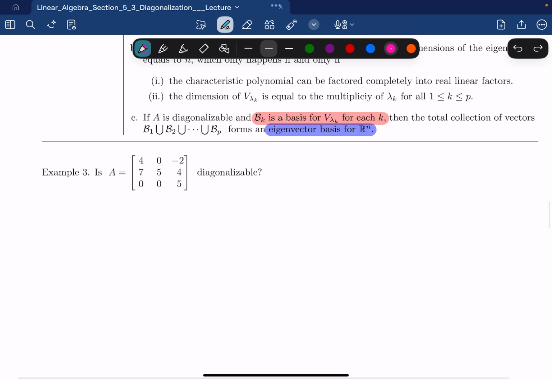We already saw how we found the eigenvalues, but just for the sake of example, let's go ahead and write this one out. So here, the characteristic polynomial, the determinant of A minus lambda I, is equal to the determinant of 4 minus lambda, 0, negative 2, 7, 5 minus lambda, 4, 0, 0, 5 minus lambda.